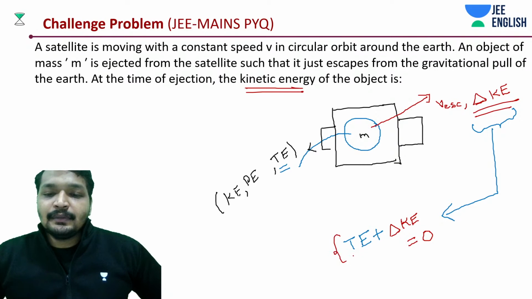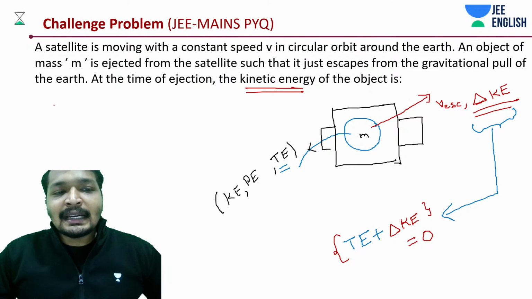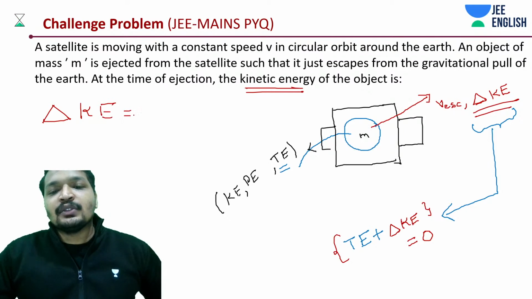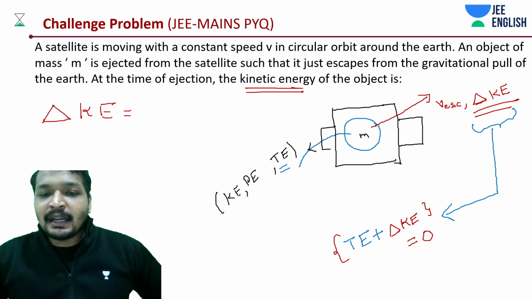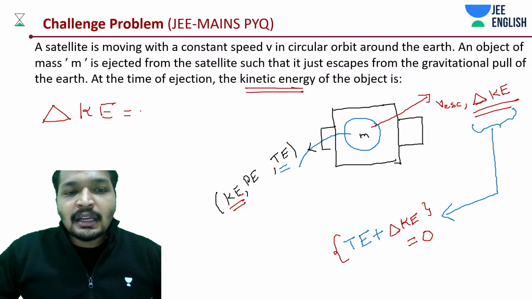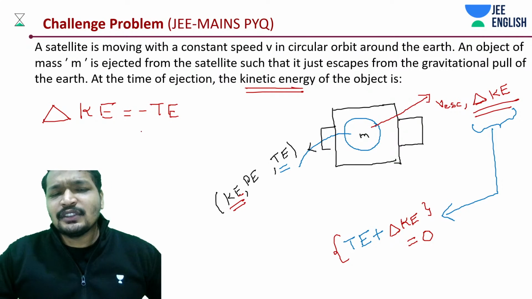That is it. So that means your newly added kinetic energy is how much? This is an additional kinetic energy, students. This already has some kinetic energy associated with it. This is going to be how much? Minus that of total energy because of the sign thing.